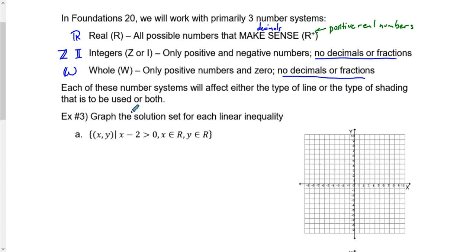Now here's a specific form. We're going to look at a few different things. This is the way it is written in your textbook, so we're going to use that. So first off, it is saying we have two variables, x's and y's in our equations. What we're going to be graphing, though, is this.